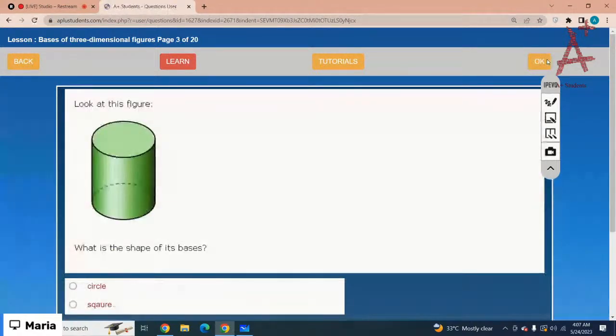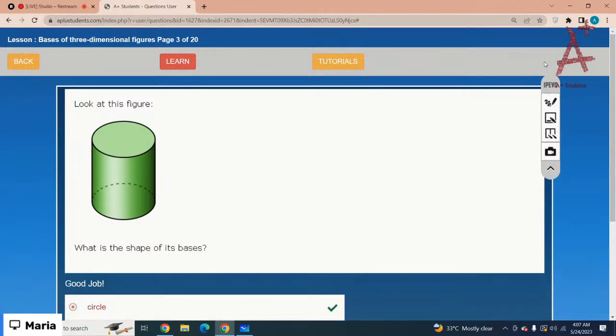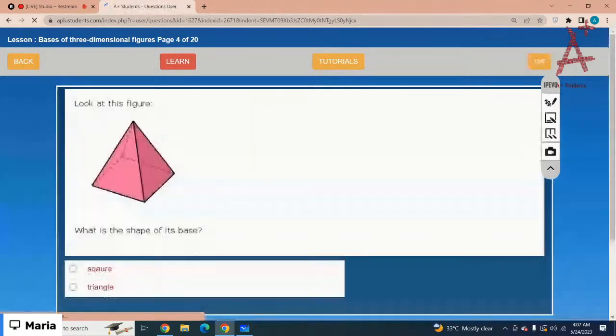Okay, look at this figure. What is the shape of its bases? So which is the correct option? It would be circle. The base of the shape is circle. Look at this figure. What is the shape of its base?